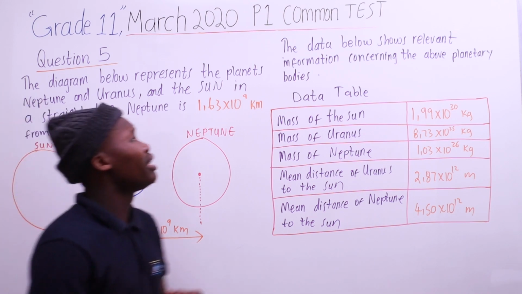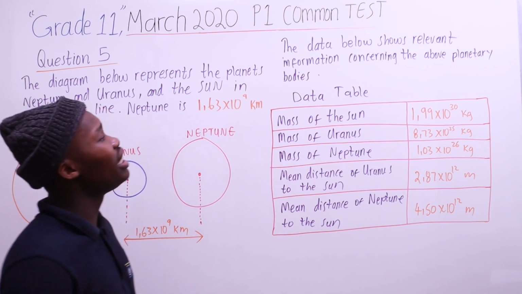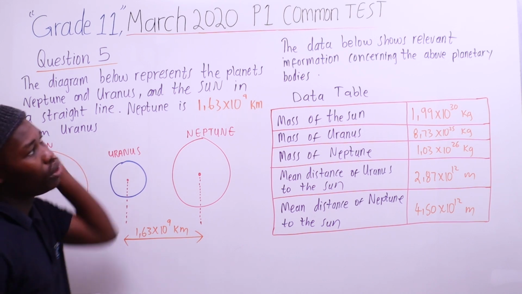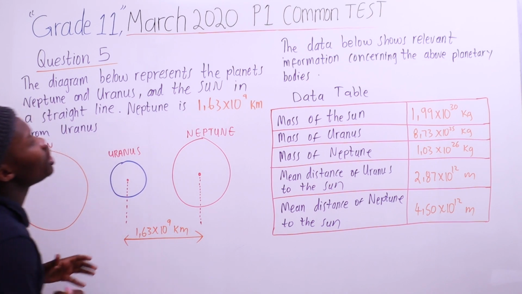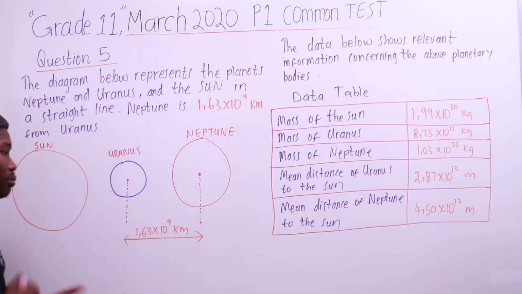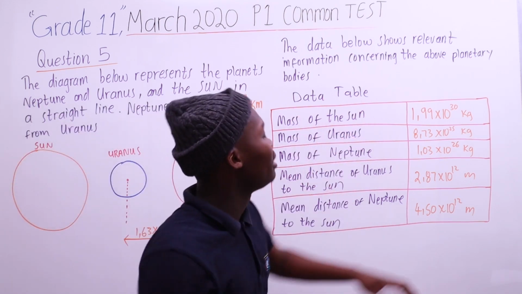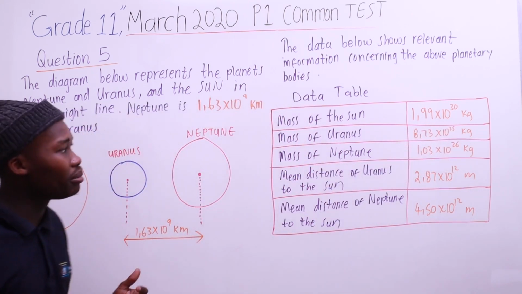The data below shows the relevant information concerning the above planetary bodies. So the data table shows the mass of the Sun is 1.99 times 10 to the power of 30 kilograms.